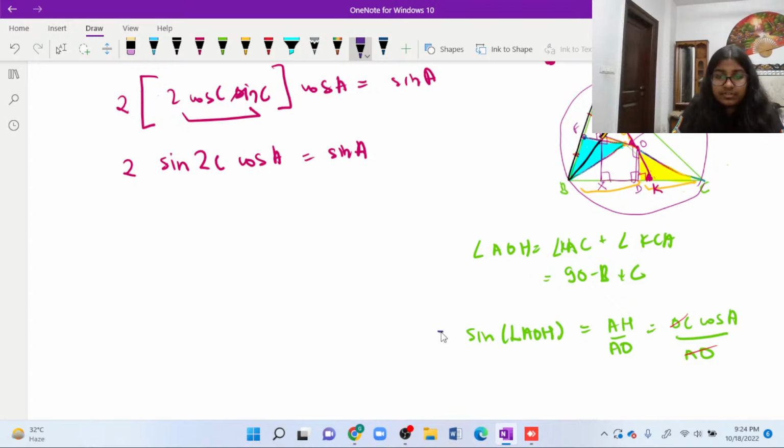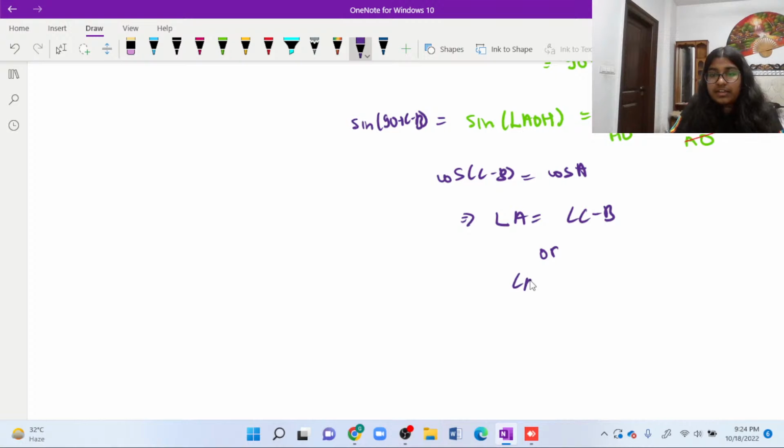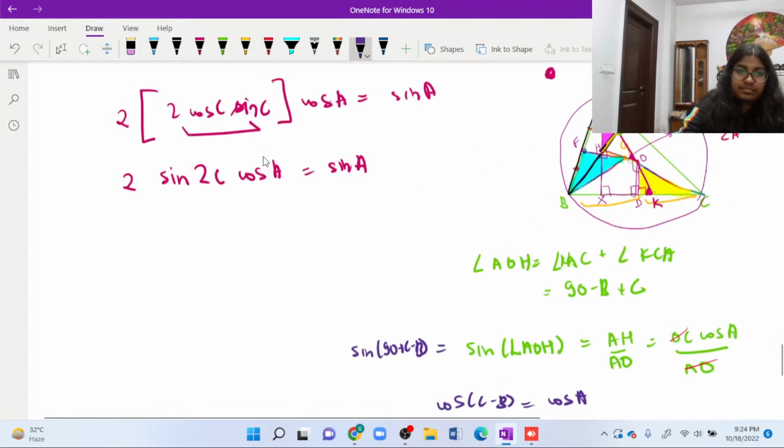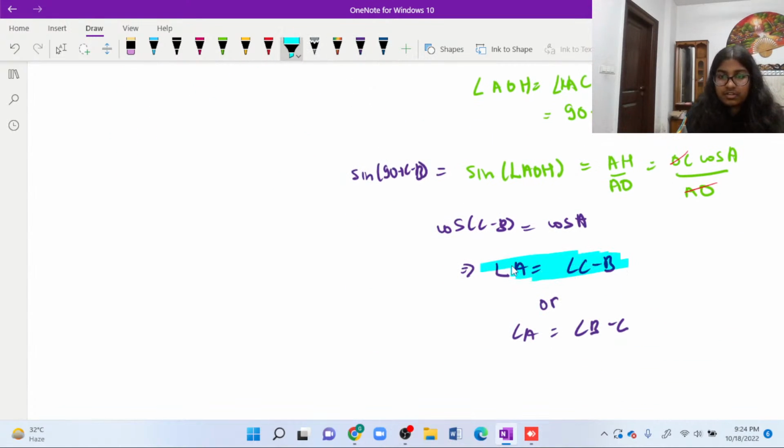So we know that cos of C minus B equals cos of A, implying angle A equals angle C minus B, or angle A equals angle B minus C. We'll be using that while finishing the problem.